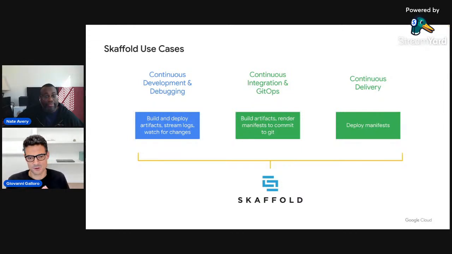You can use Skaffold to build your image and to render your manifest for specific environments. And for example, provide this manifest and this image as the assets for a GitOps deployment flow. Or you can use it in your continuous delivery pipeline totally. So you can use that from the development, build to the deployment on target environments.